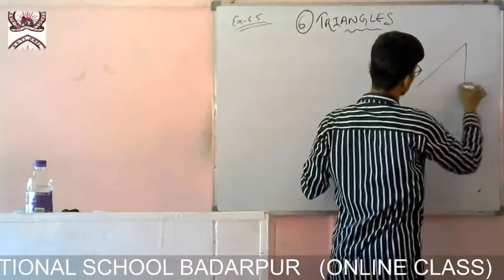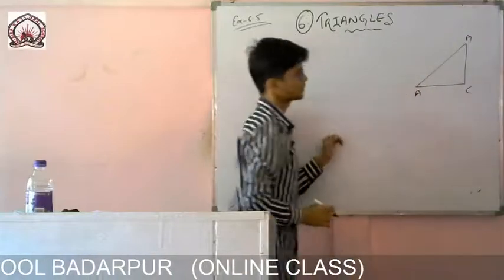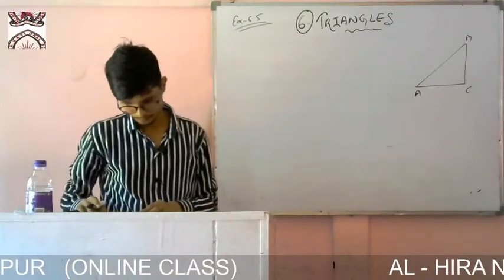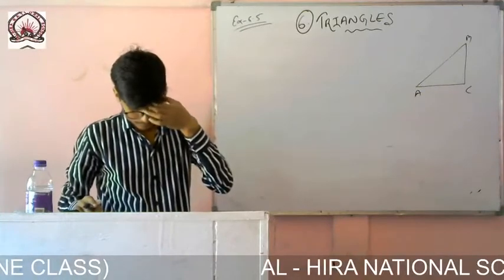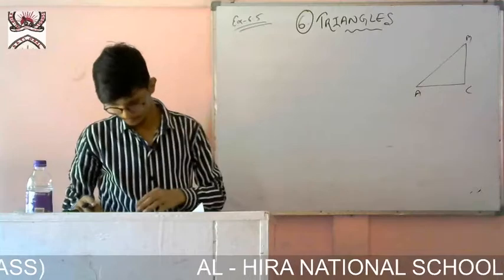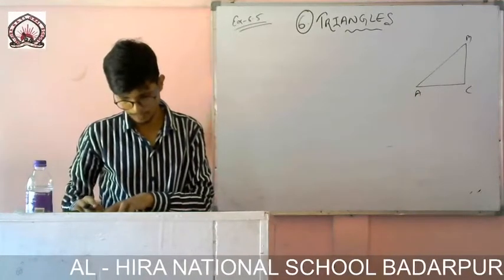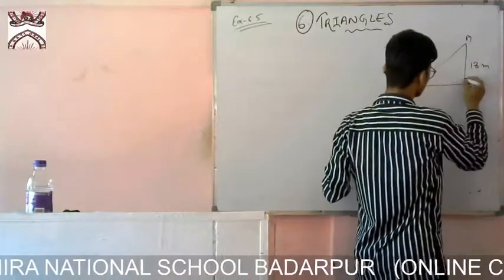Now let me draw a triangle A, B, C. So what is given? Let me write one by one. A guy wire attached to a vertical pole of height 18 meter.